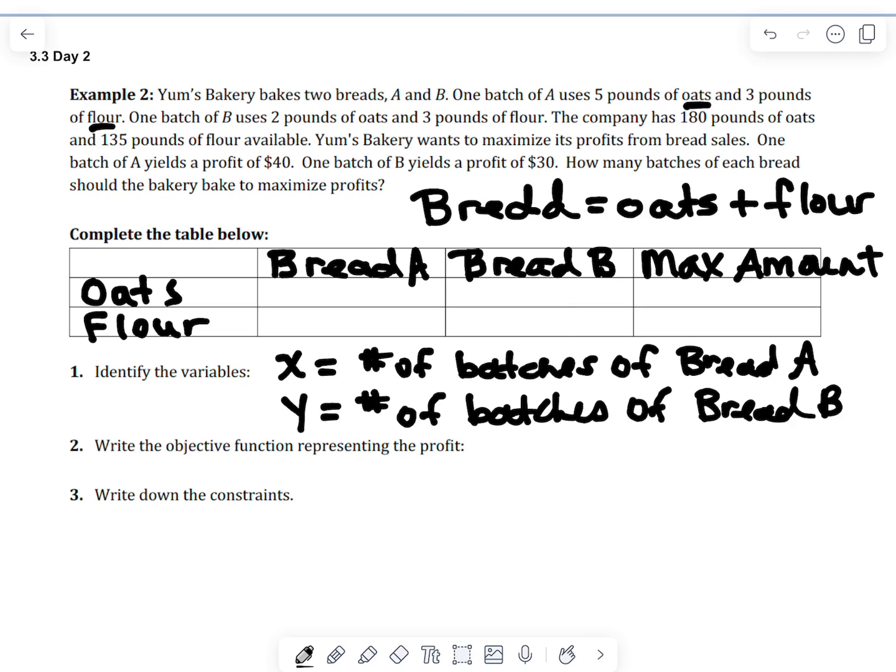So let's go up to the given information. So in bread A, it uses 5 pounds of oats and 3 pounds of flour.